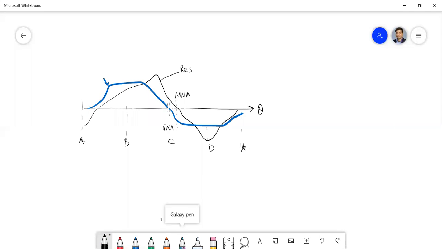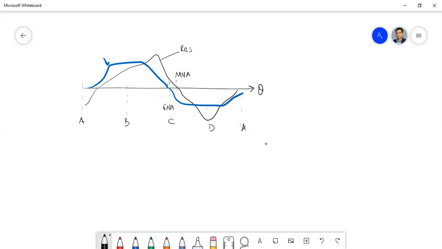So if we see from this BH curve, actually my old whiteboard file is not getting open, so I have to, okay, so this is the BH curve and you have the point here. Now suppose in the air gap, this is the pole and these are the armature slots.